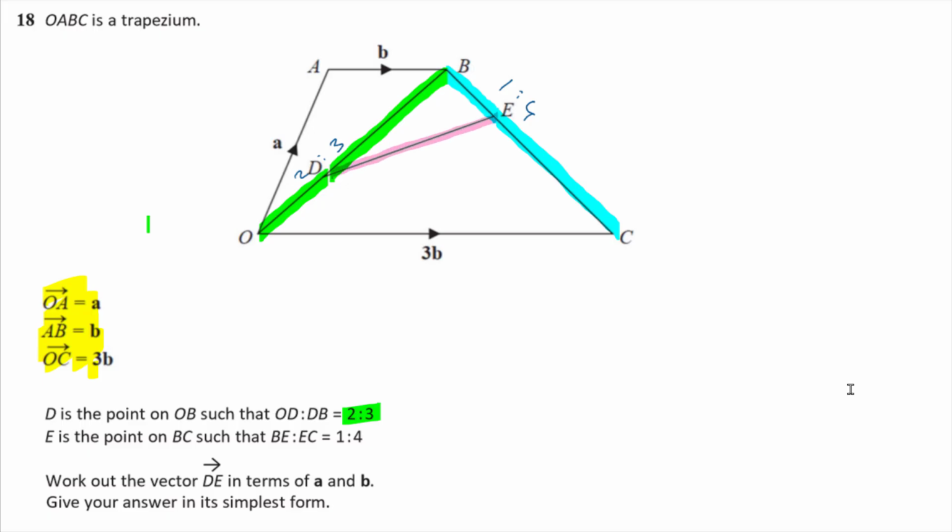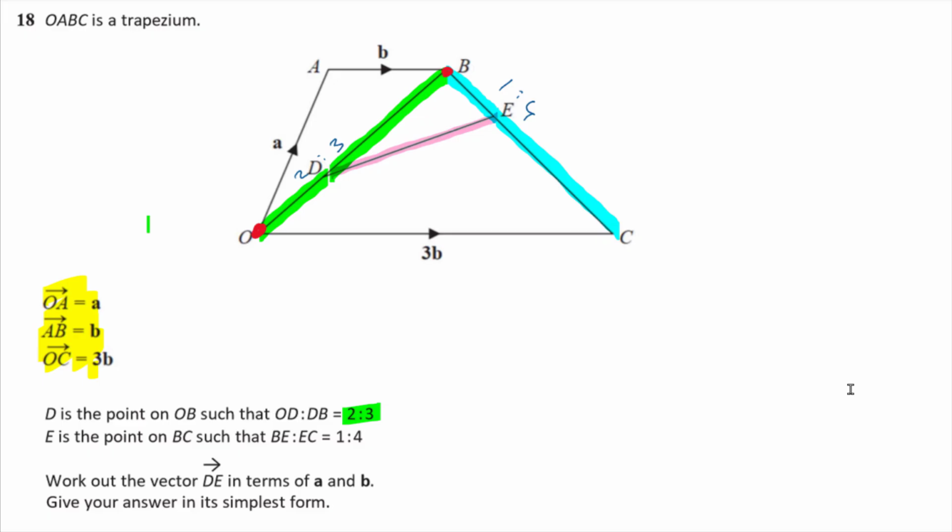Okay. So we need to go via vectors that we know. And we don't know anything about anything on O, D and B and B, E and C. So we're going to have to go around the other ways. So what I think I'm going to do is I'm going to say, well, I've got this point here O and this point up here B. Now I can get from O to B along routes that I know about.